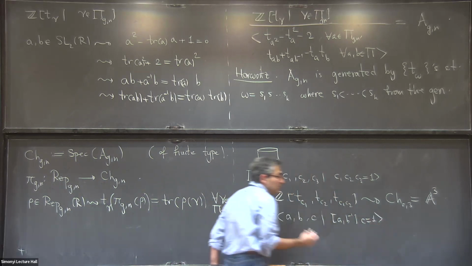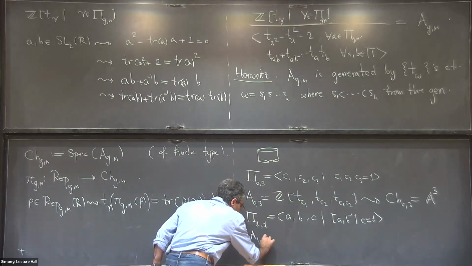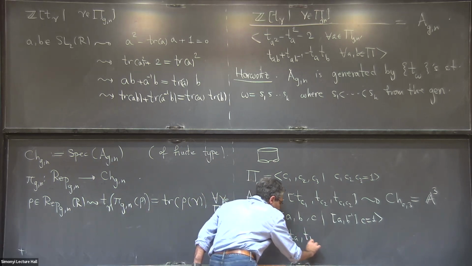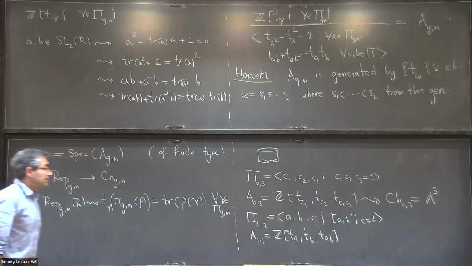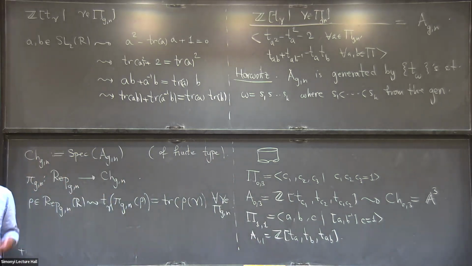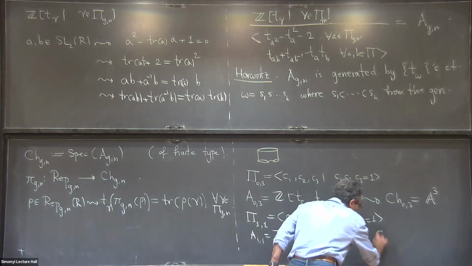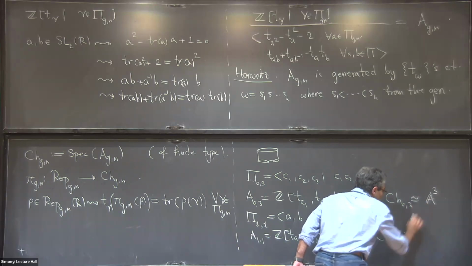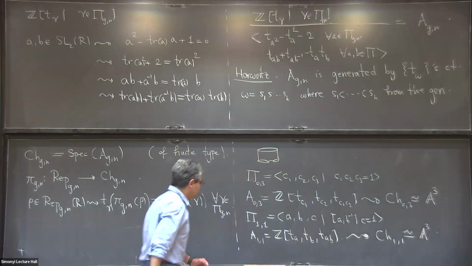So again, it's generated only by A and B. So Horowitz tells me that this ring is generated by T sub A, T sub B, and T sub AB. And so that's it. And in fact, in this case, again, there is no other relation between them. And so this again becomes the affine space. It's isomorphic to the affine space in the 3 parameters.